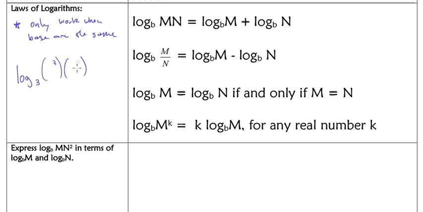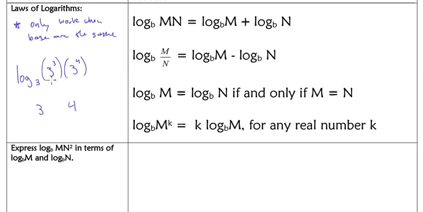Let's do something really hands-on tangible. Let's do log base 3 of 3 to the third and log base 3 of 3 to the fourth. All right, so log base 3 of 3 to the third, that's going to be just 3, where log base 3 of 3 to the fourth, that's 4.